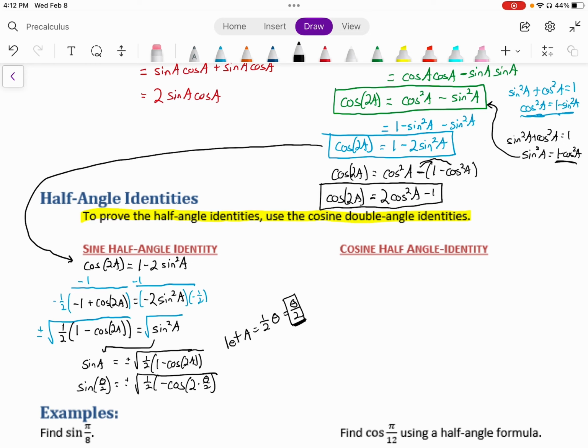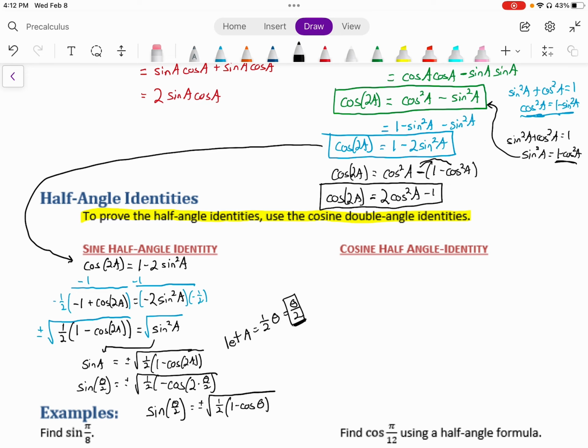Running out of room a little bit here. So finally we have our identity here, sine of theta over 2 equals plus or minus the square root of 1/2 times 1 minus cosine of theta.